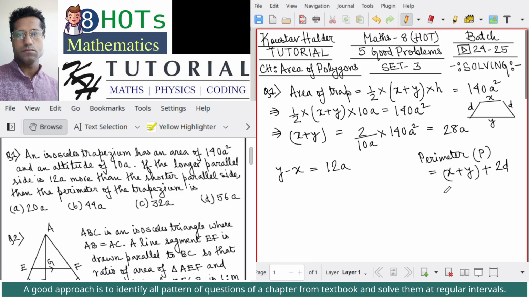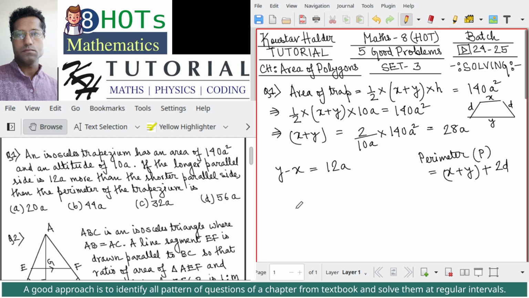So I discussed one formula that relates the length of the non-parallel equal side, the altitude, as well as the difference of the parallel sides.